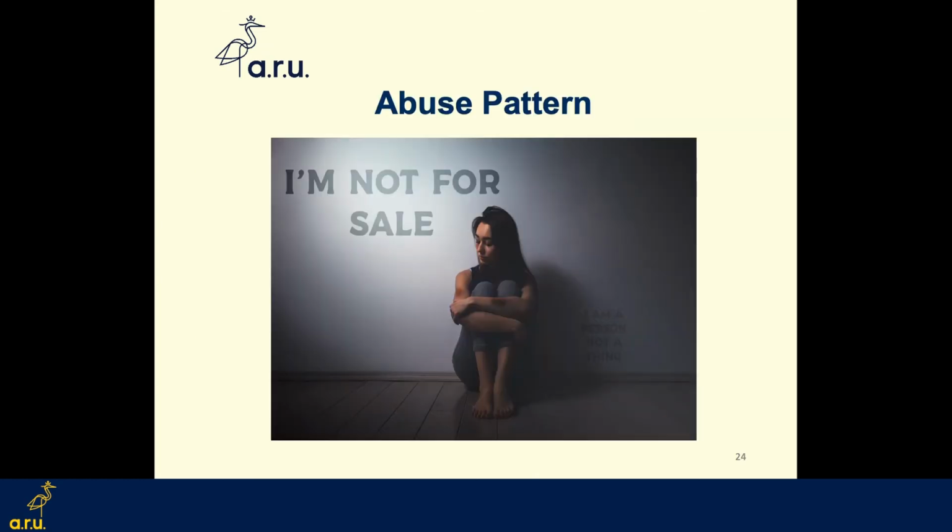And the abuse pattern. At least one victim must be abused more than once for it to constitute a form of trafficking. Otherwise that would just be sexual exploitation. And we have to distinguish internal child sex trafficking from other forms of sexual abuse and sexual exploitation.